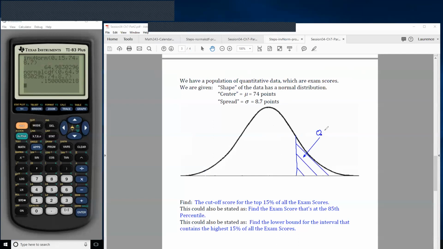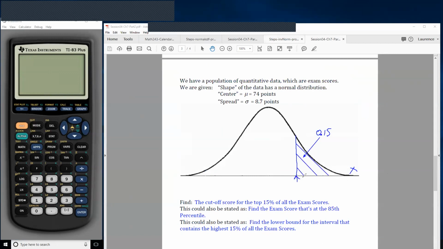Oh, funny looking decimal, 1, 5. All right, and I should put an X here so you know it's the population distribution. So we want to find that lower bound. We know the upper bound is positive infinity, but we need to find that.